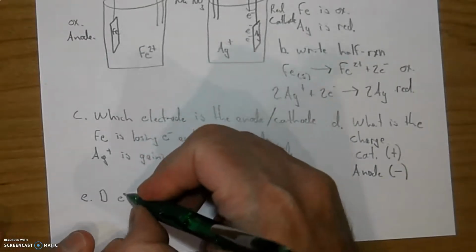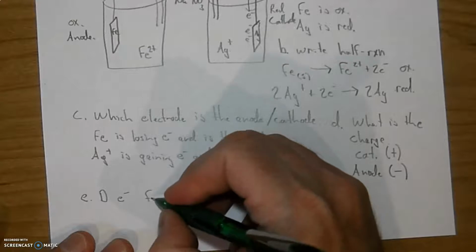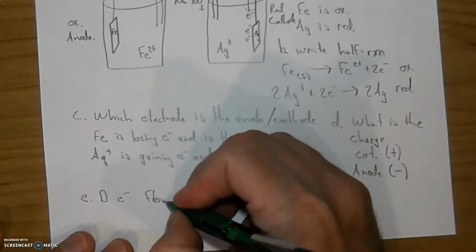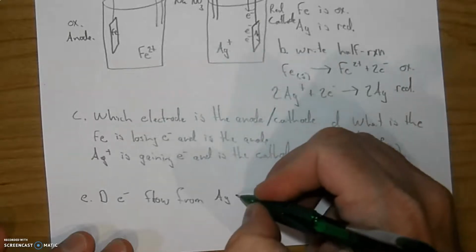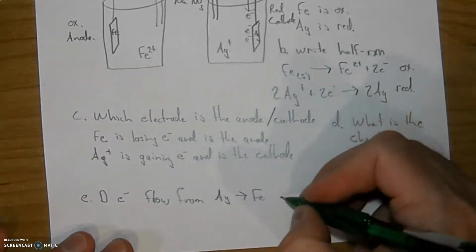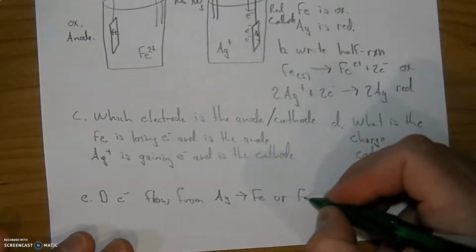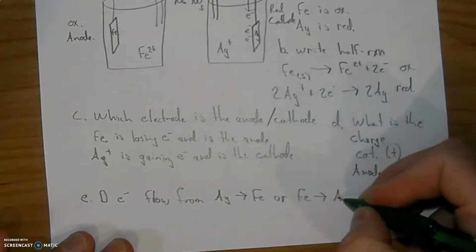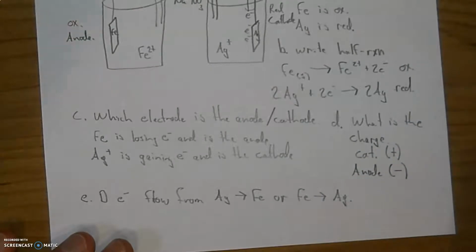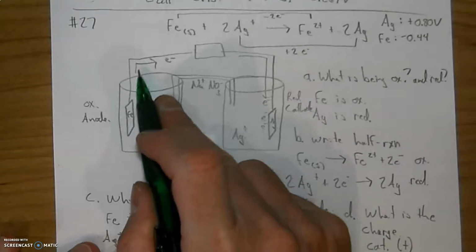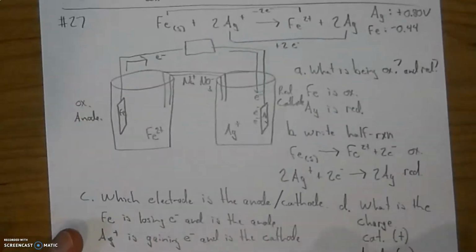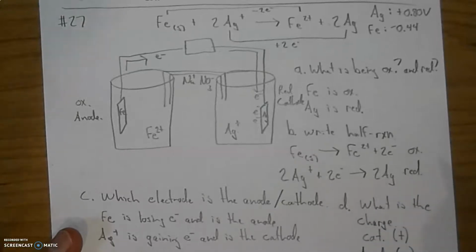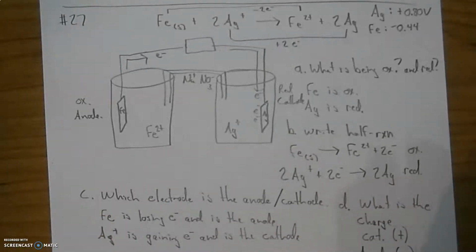Do electrons flow from silver to iron or from iron to silver? Well, I kind of just put that in the drawing right here. So electrons are flowing from iron over to silver. So from iron over to silver. And that one is done.